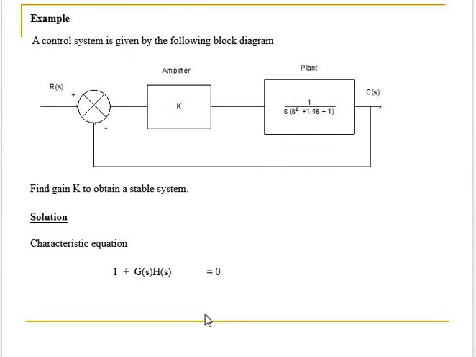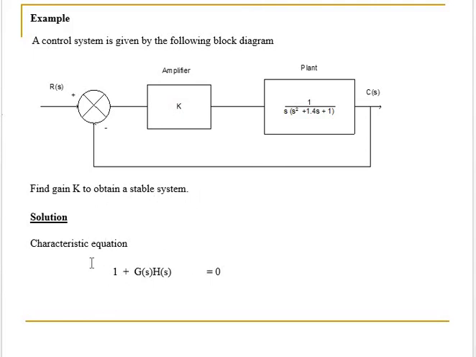That is a control system given with the following. It is the proportional controller. This is the gain K, that is an amplifier. The amplifier can also be said to be a controller, and that is the plant or the system. And then this is the formula. Here we should find K in order for the system to be stable.